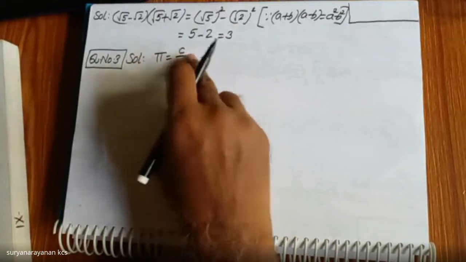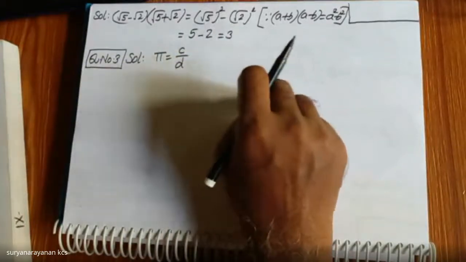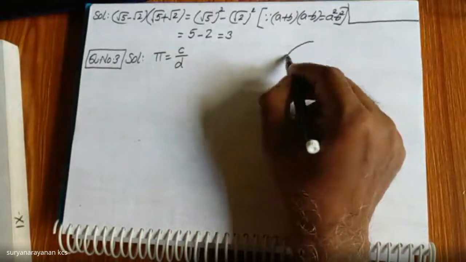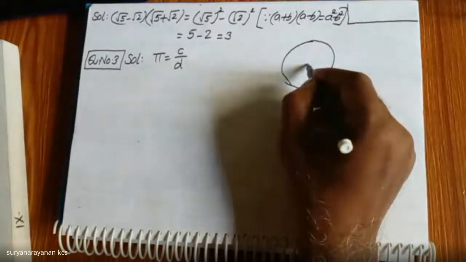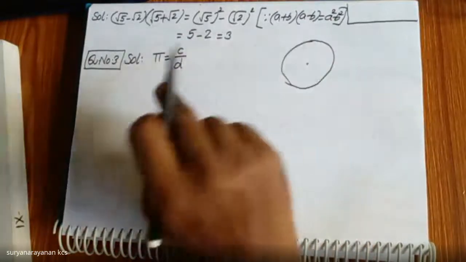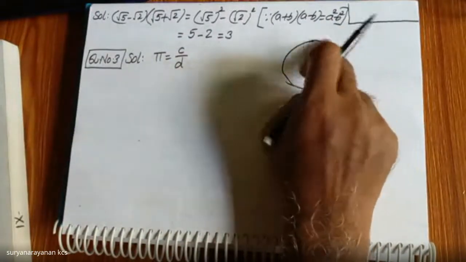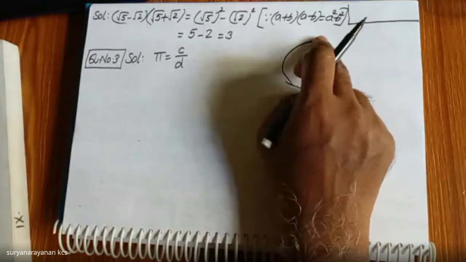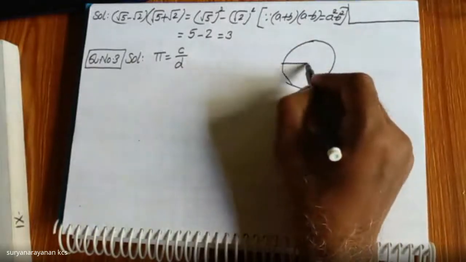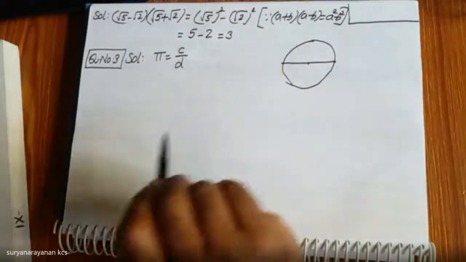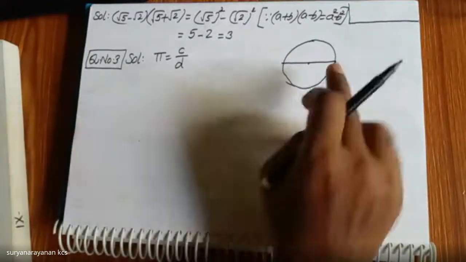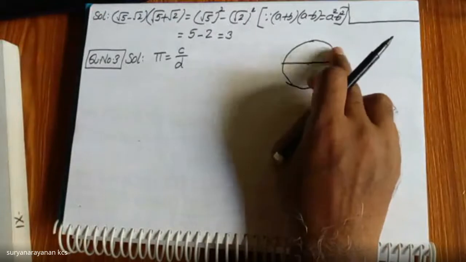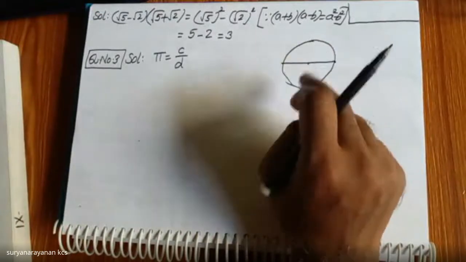Actually, while you are measuring the circumference of a circle, you draw a circle. If you measure the circumference with the help of a thread and the diameter with the help of a scale, these two values can never both be rational numbers at a time.